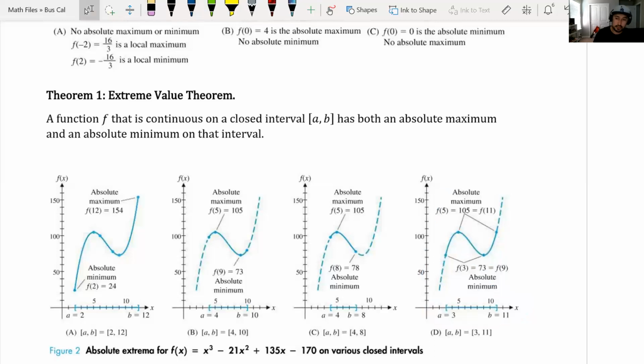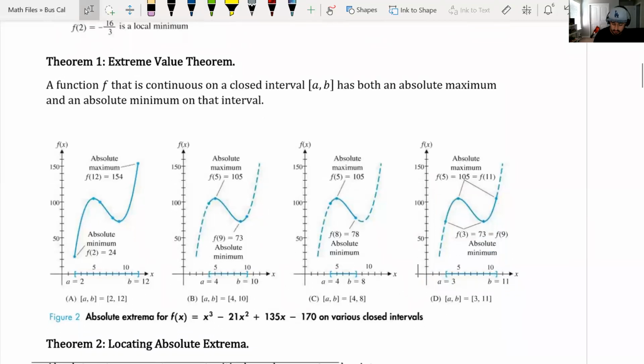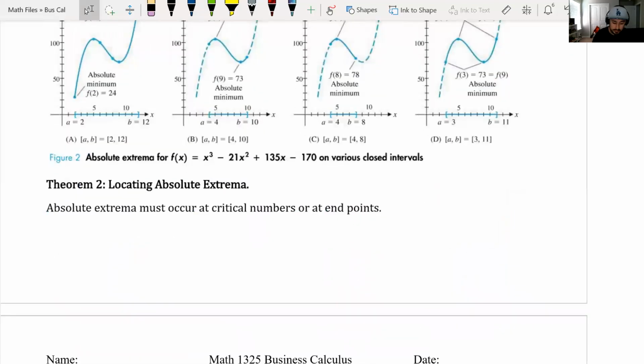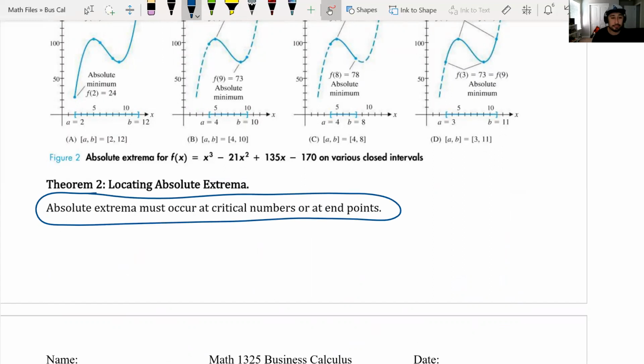So that's all our extreme value theorem is saying, that in order to have an absolute maximum or minimum, we must have a closed interval. And look at this lovely theorem. I will be referencing this on the next problems. It says absolute maxes and minimums occur at critical numbers or at endpoints.